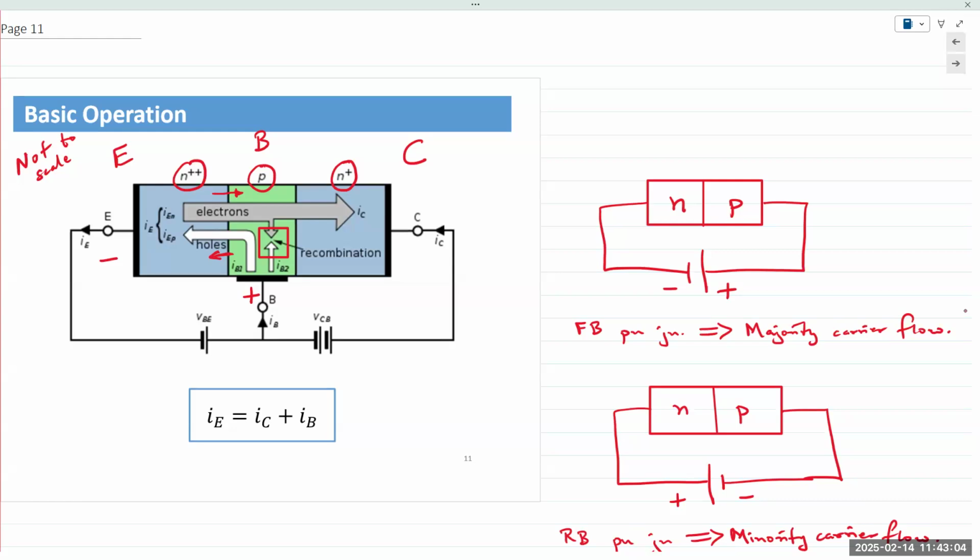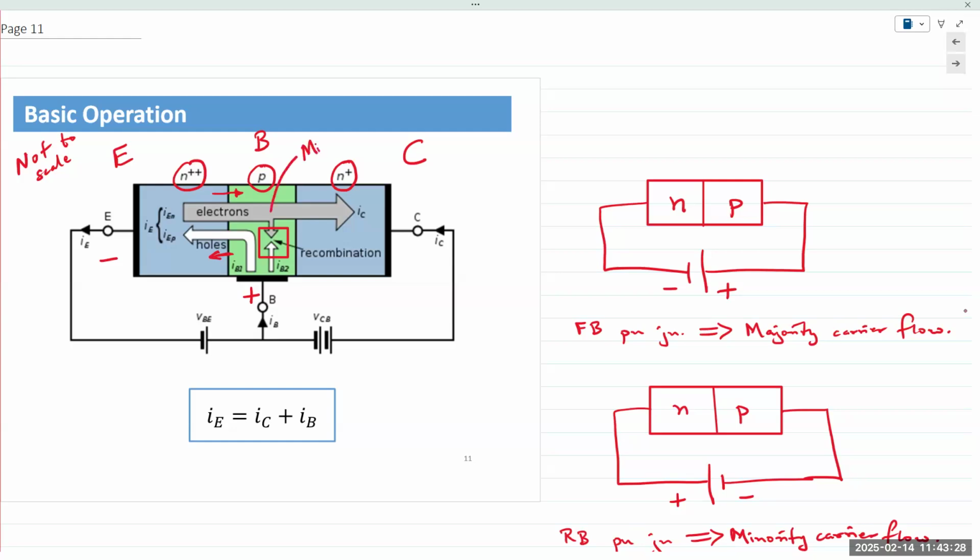Now, when the electrons move into the base, are they majority carriers or minority carriers for an NPN device? Minority carriers. They're minority carriers. If they are minority carriers, they are now present in the base.